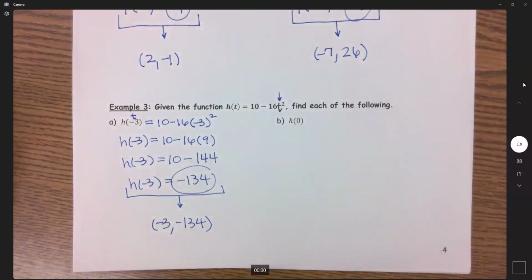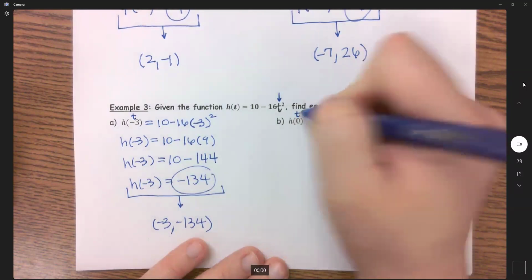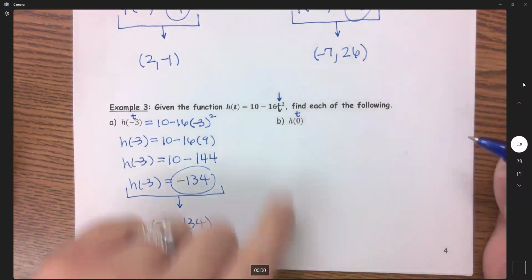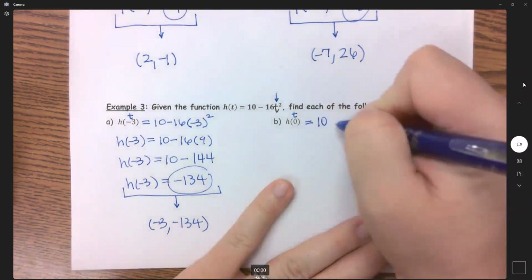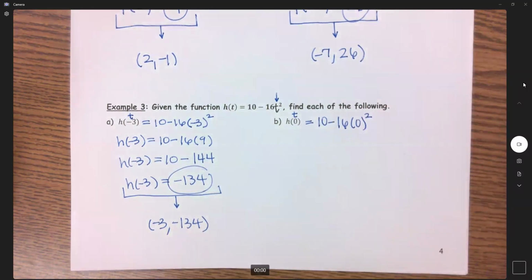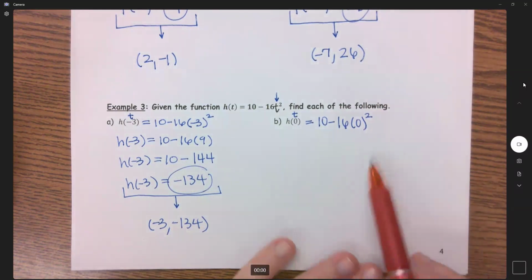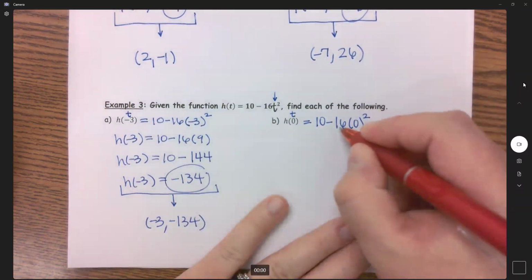Okay, last one here. Part B, we're going to find h of 0. So this is my new t. Replace this t with 0. So we get 10 minus 16 times 0 squared. This one is very, very straightforward. 0 squared is 0, and 0 times 16 is 0.